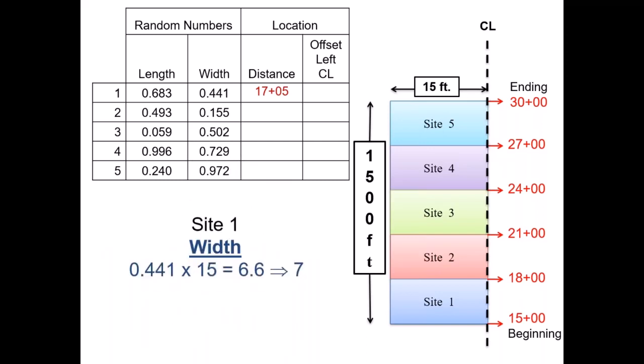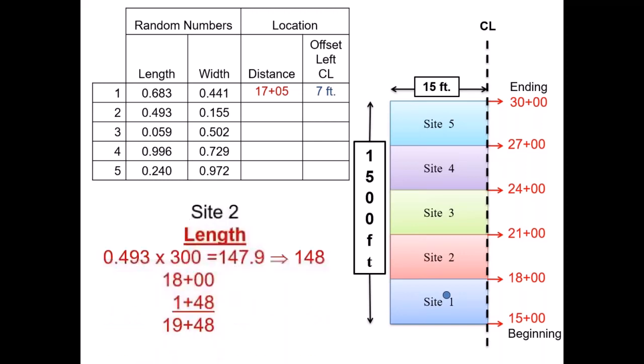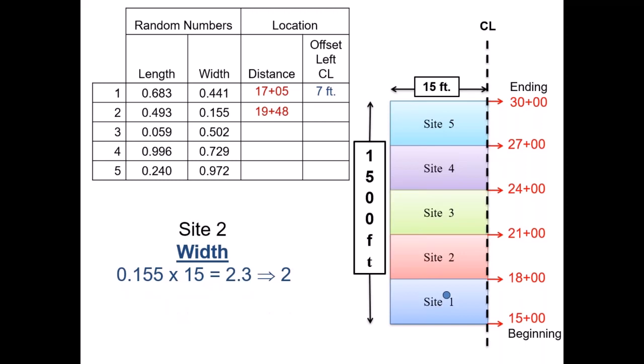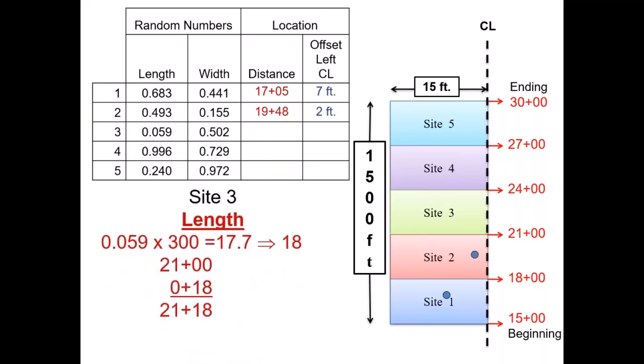Our width, 15 foot wide, multiplied by a random number of 0.441, gives 6.6, which rounds to 7. So we have a 7 foot offset. And there's our first test location. It's the same exercise to figure the location and offsets for the remaining 4.